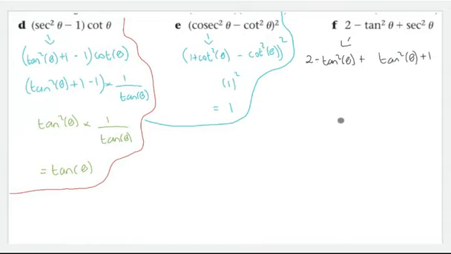Then what can we do? Tan squared theta take away tan squared theta is 0. And then 2 plus 1 is 3, so yep, it's just 3.